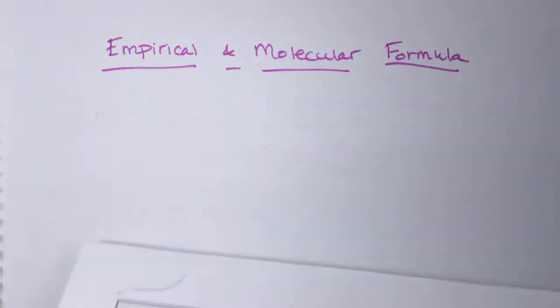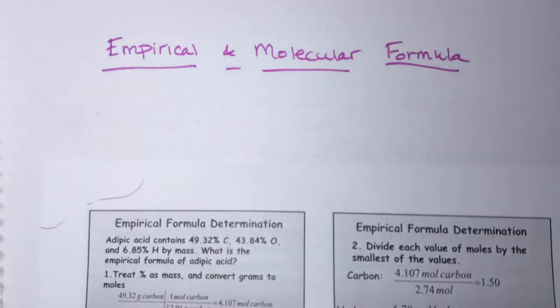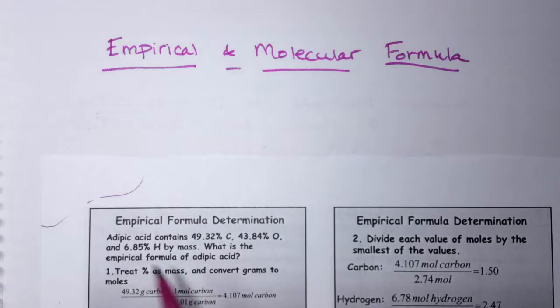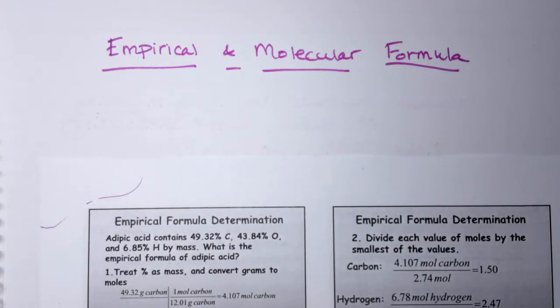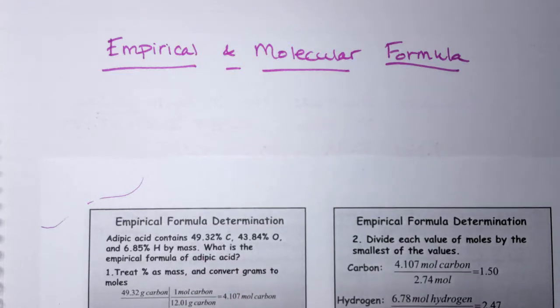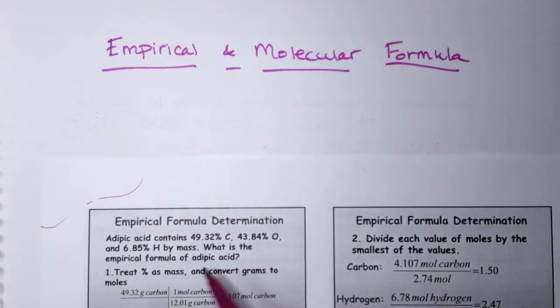So if I was looking at this problem right here, adipic acid contains 49.32% carbon, 43.84% oxygen, and 6.85% hydrogen. Since we are assuming that all of these problems are out of 100 grams, realistically, if we have 100% of the compound, all of the percentages should add up to 100%.